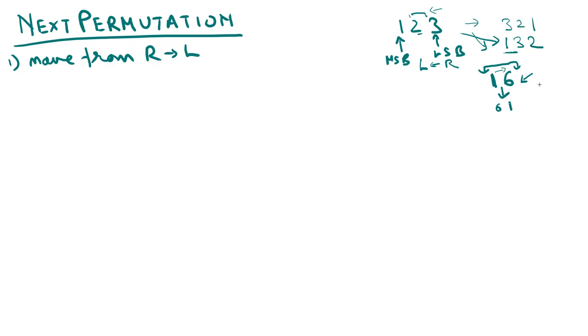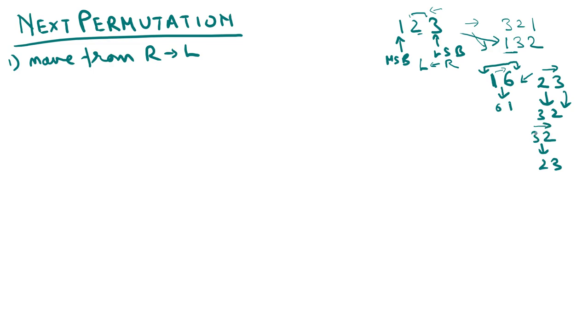Let's look at one more example, 23. Now the number to the right of 2 is bigger than it, so we can swap them and we get 32, which is more than 23. If I had started with 32 and swapped them, then I get 23, which is not the combination I'm interested in.